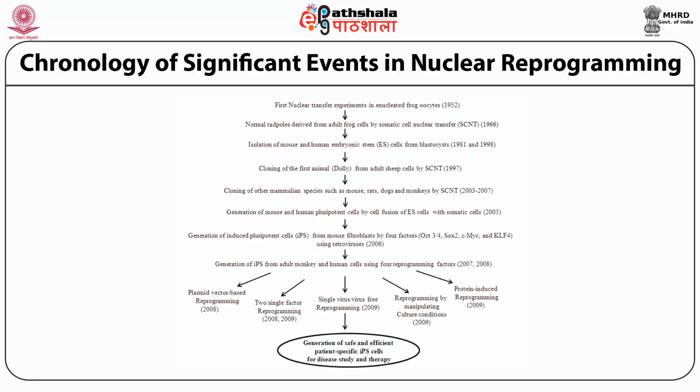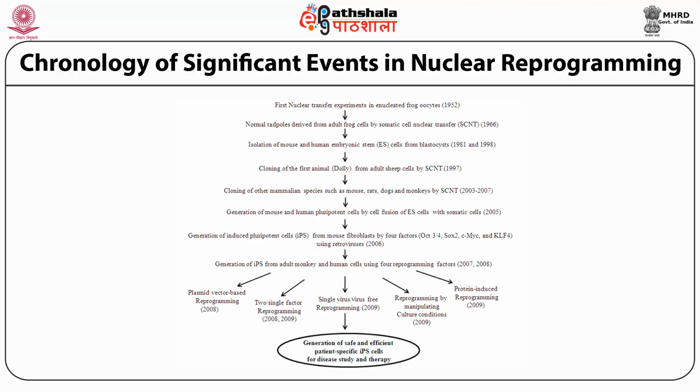This led to the cloning of the first sheep, called Dolly, by somatic cell nuclear transfer in 1997, and thereafter the advancements have led to the generation of patient-specific induced pluripotent stem cells, which are the most advanced version of nuclear reprogramming.